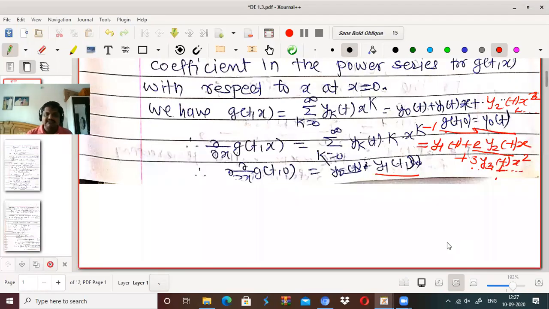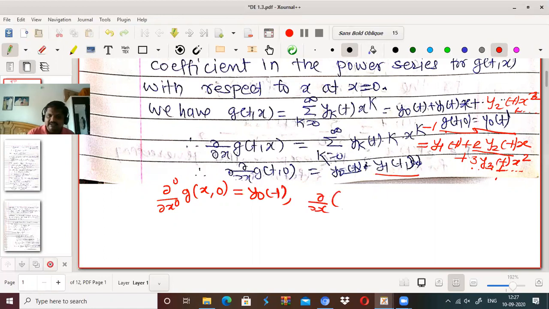In general, what did we get? ∂⁰/∂x⁰ of g(x, 0) becomes y0(t). ∂/∂x of g(x, 0) becomes y1(t).